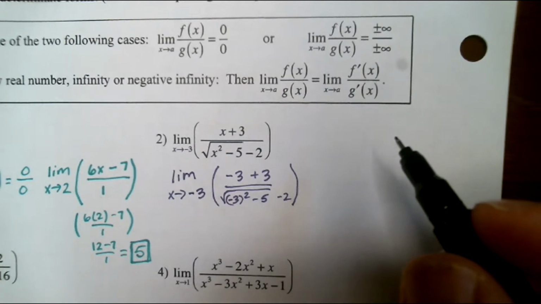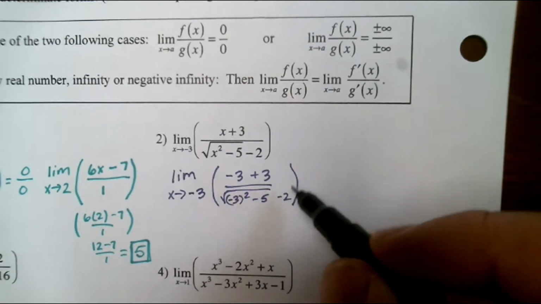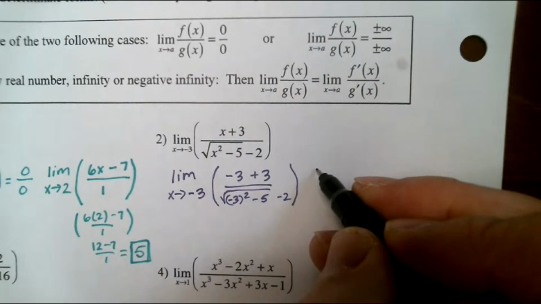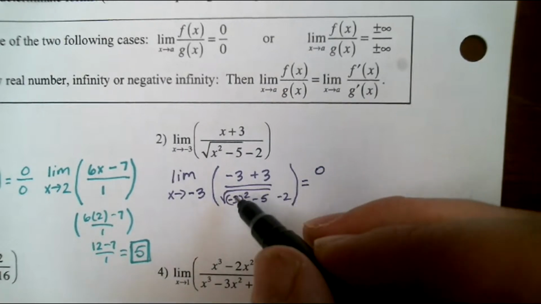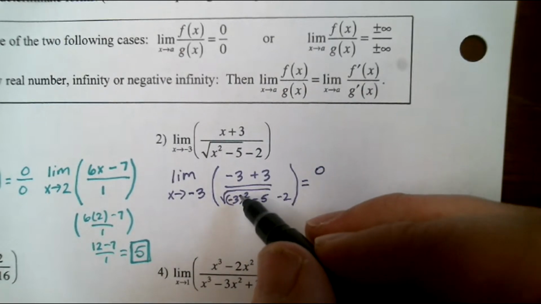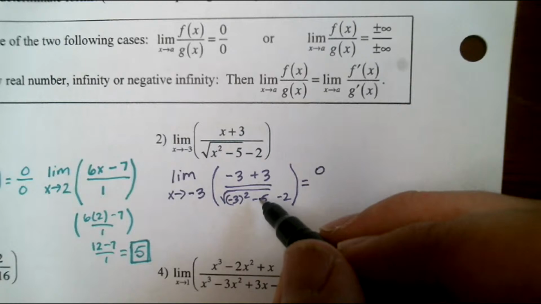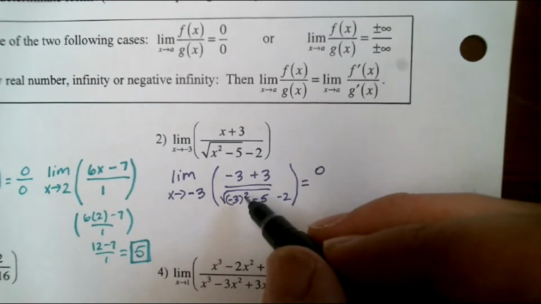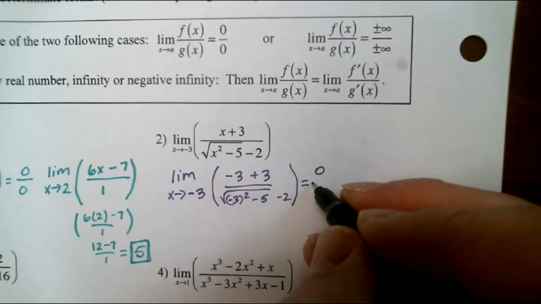Okay? So right here, negative 3 plus 3 is 0. That would be 9 minus 5 is 4. The square root of 4 is 2. 2 minus 2 is 0.